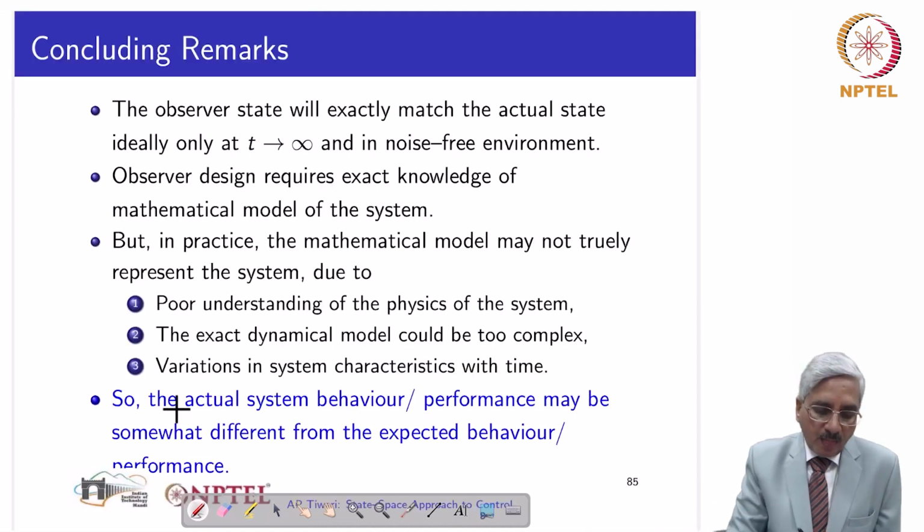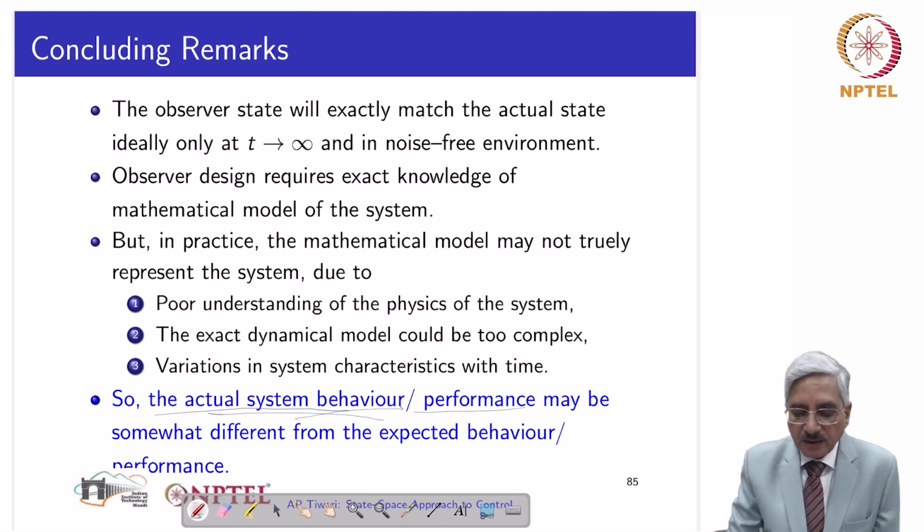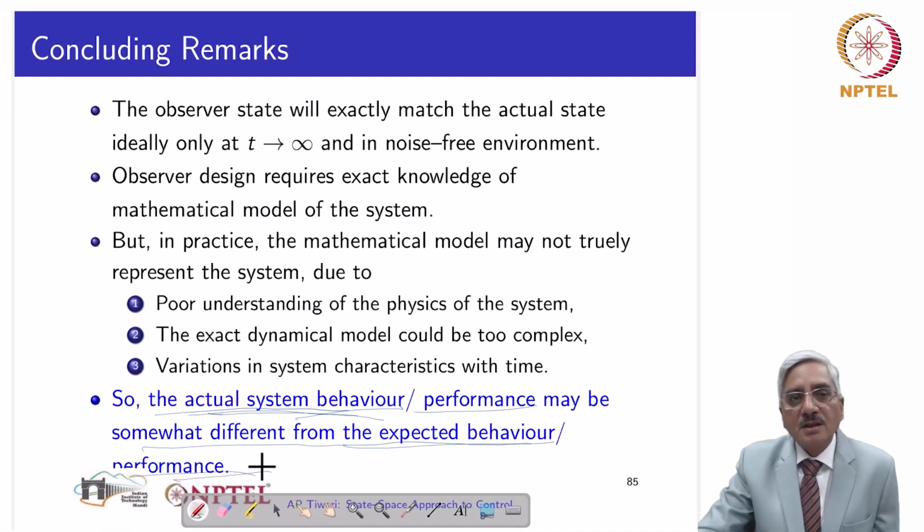So effect of that is that the actual system behavior or the performance of the actual system will be somewhat different from the expected behavior or the performance established from analysis. There has to be always some difference, and we have to keep this in mind.